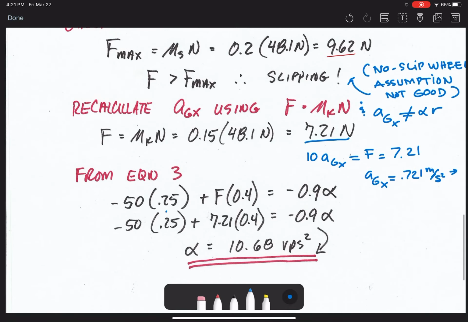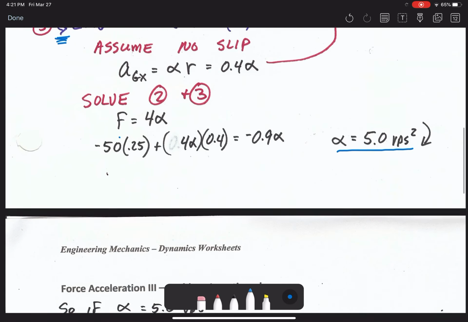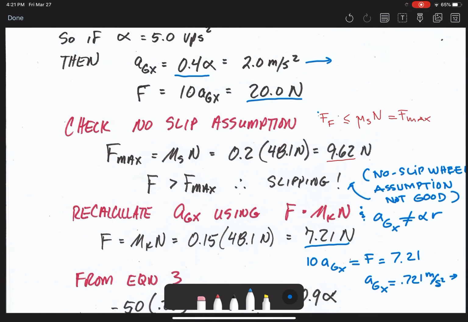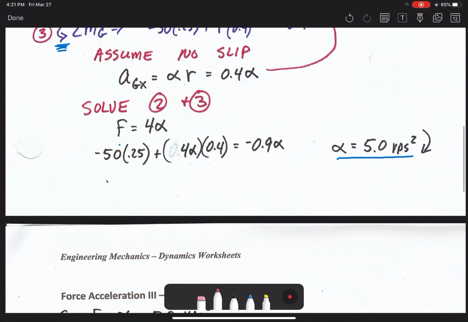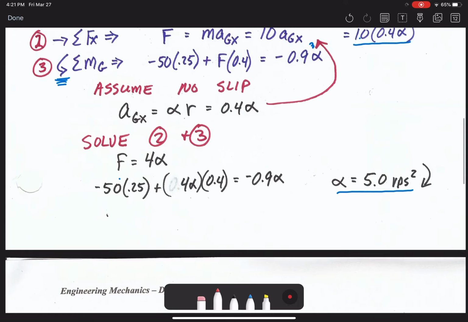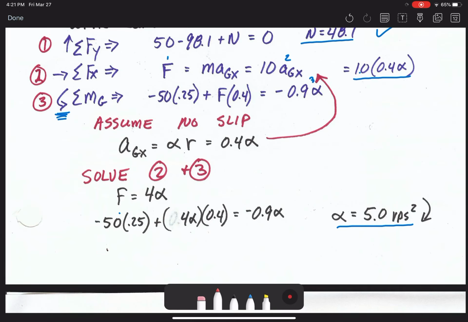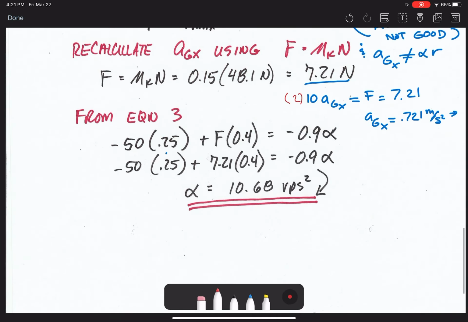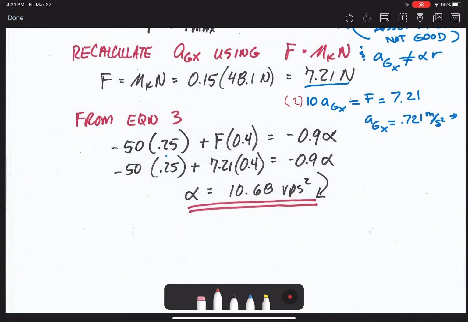Okay, and then similarly, that is from equation 2, by the way. And similarly, go to equation 3. We have negative 50.25 F, 4 negative 0.9 alpha. So you plug that in, one equation, one unknown. You also have alpha equal to that one. And as you can see, if you check now, you have ATX here.